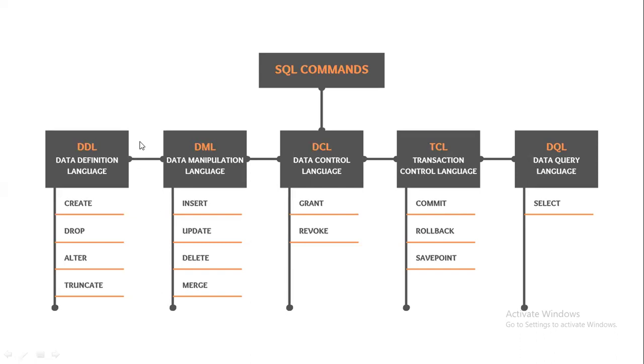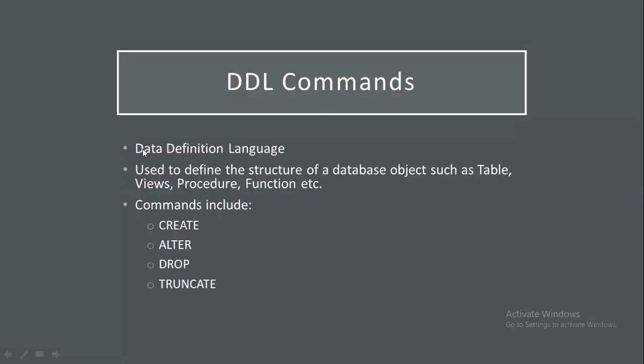Let's look into the DDL commands. DDL commands are data definition language, used to define the structure of a database object, such as a table. The commands include create, alter, drop, truncate.